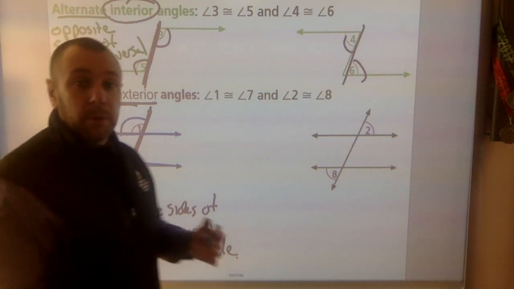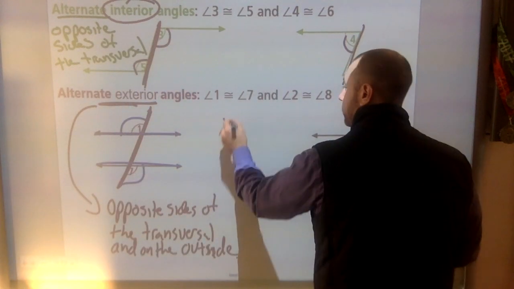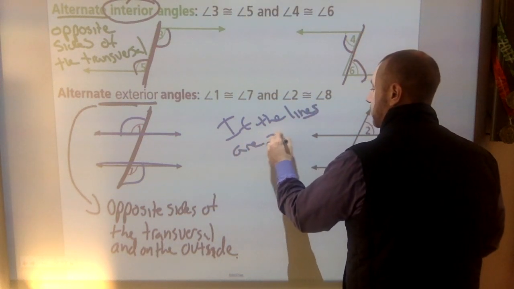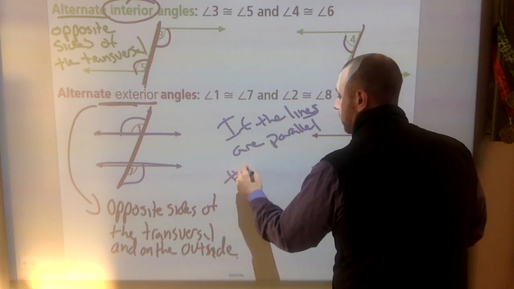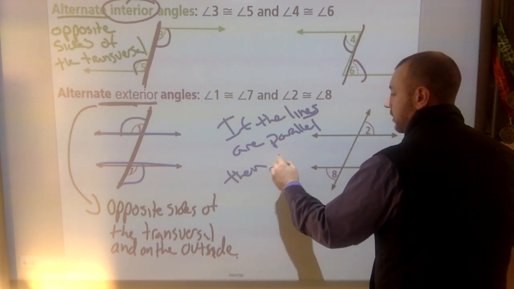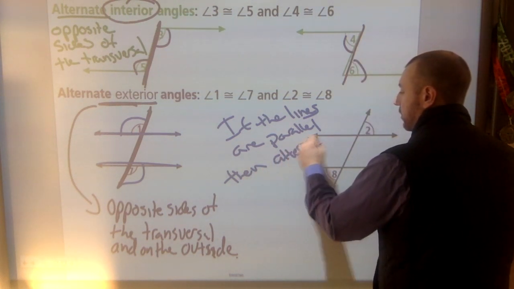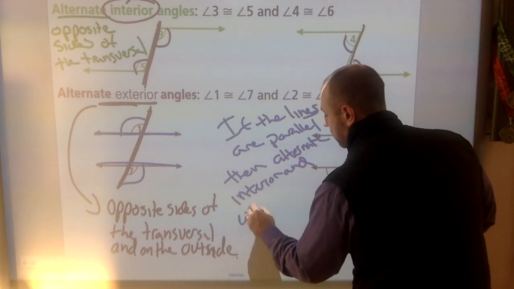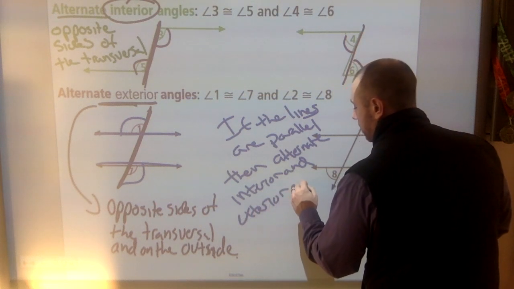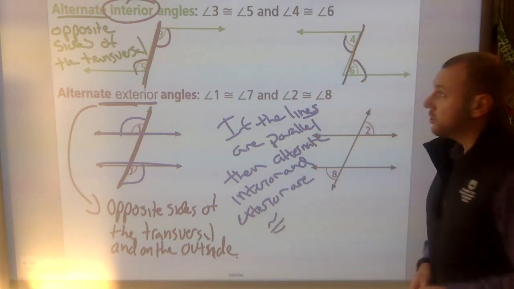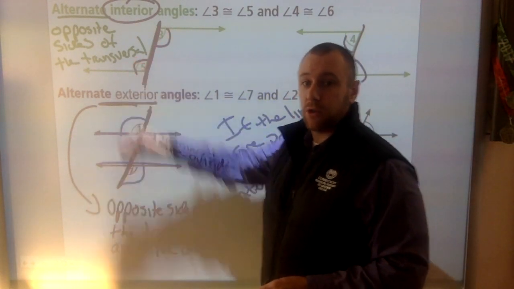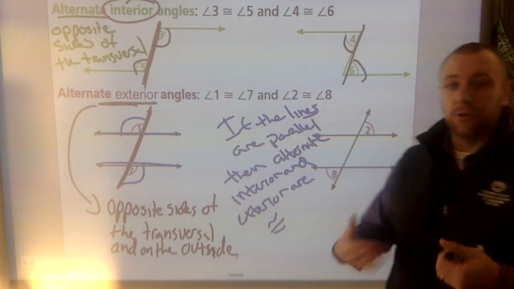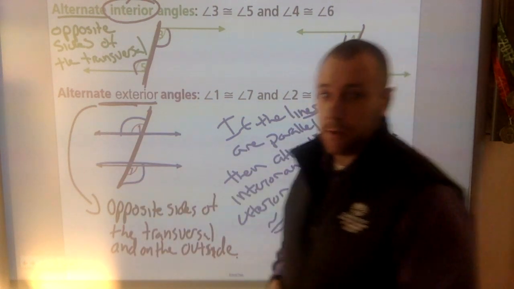If the lines are parallel, both of these are congruent. So 3 and 5 would be the same measure, 4 and 6 would be the same measure, 1, 7, 2, 8. So you would pair them up and they would be congruent to each other.